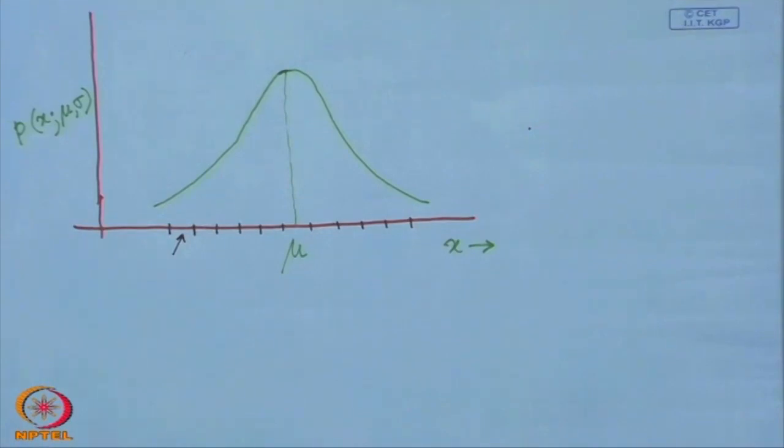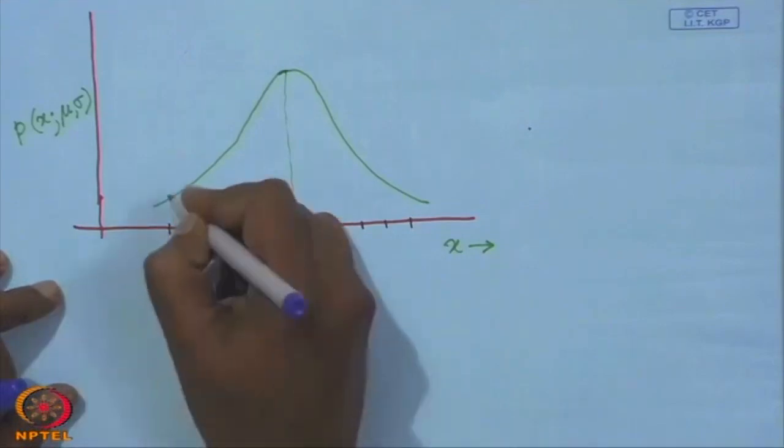So, this is how I can represent this continuous curve by a piecewise constant representation.